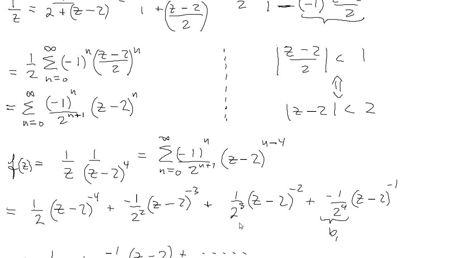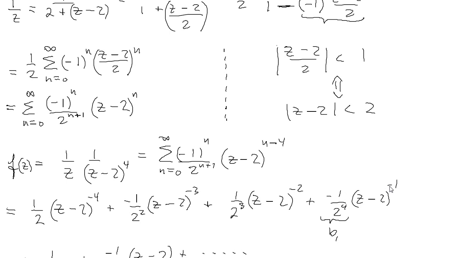I can do this starting with n equal to 0, then I obtain this term. n equal to 1, I obtain this term, n equal to 2, I obtain this term, and n equal to 4, I obtain this term.